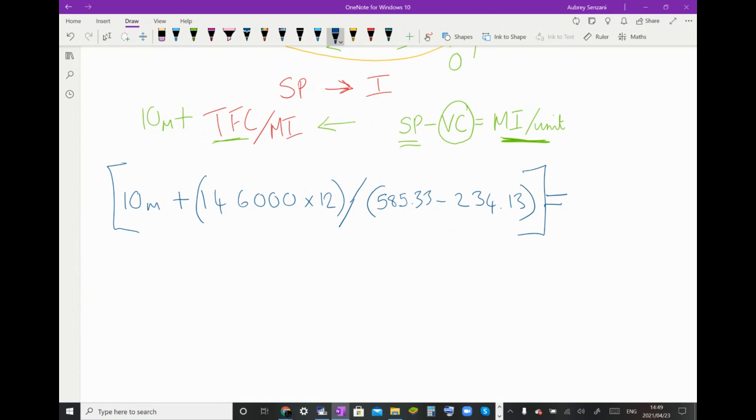I would start by getting your marginal income. I would solve that first. Then I would solve the stuff in the brackets. Then I would add these two together. Then I would divide by whatever result I have at 0.1. That's how I would do it.